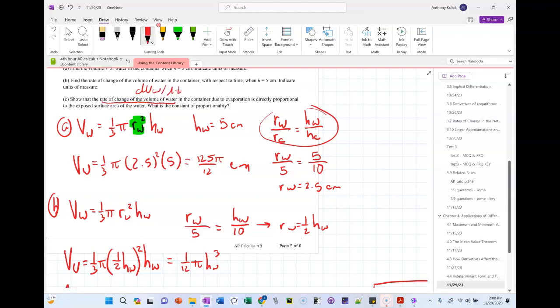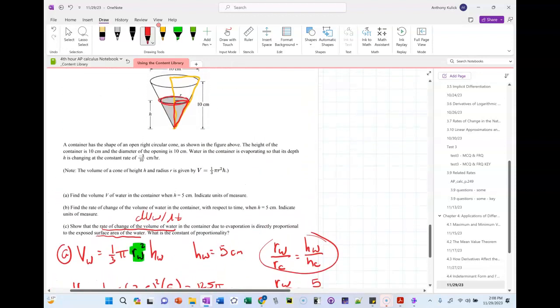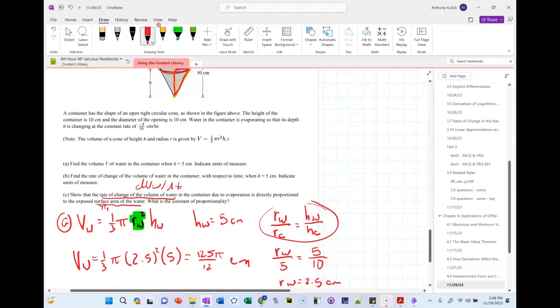That's the derivative of V with respect to t, is directly proportional to the exposed surface area of the water. What's the surface area for the water going to be? It's that circle at the top, right? So pi r_w squared.